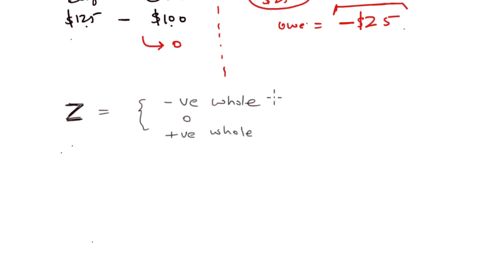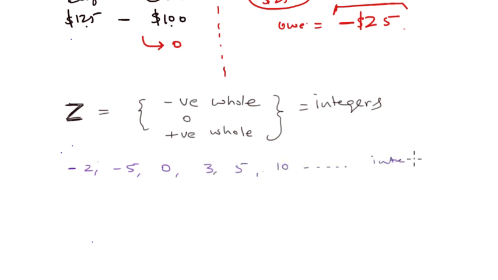This entire set of numbers is called integers. So if I were to define integers, I would say integers are numbers such as -2 or -5, 0, 3, 5, 10. All these numbers are integers because they represent whole quantity, whether positive or negative.